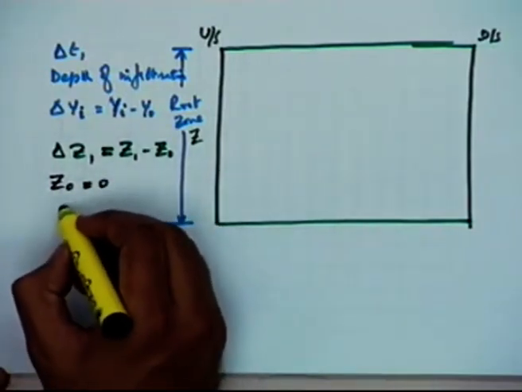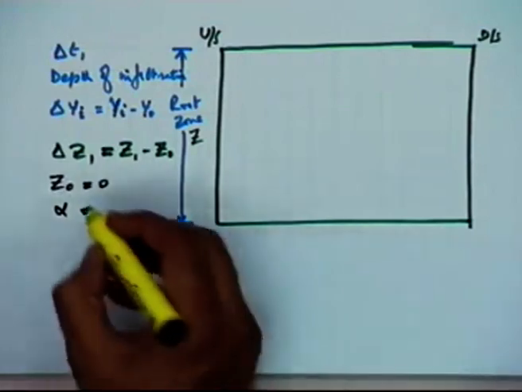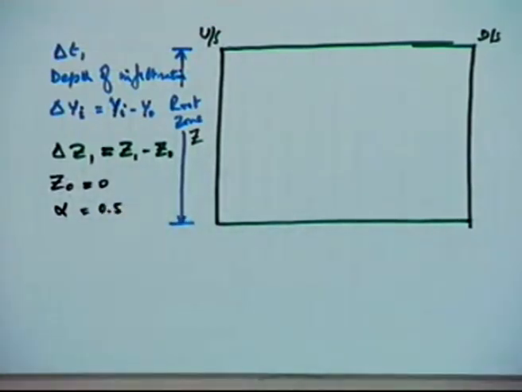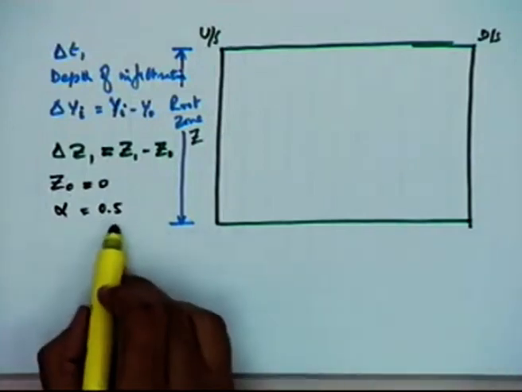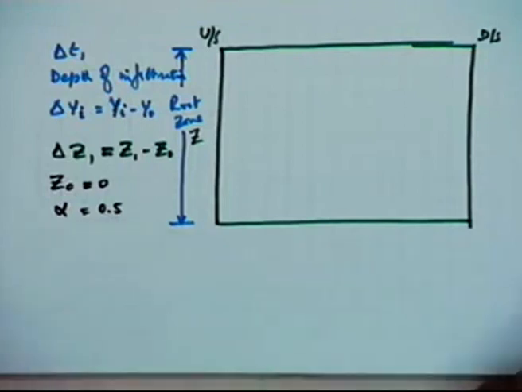Once you assume this, you also need the value of alpha to be used in that equation, the Kostikov equation. Let us assume that the value of alpha is also known. Just for the present problem, let us take this to be 0.5.